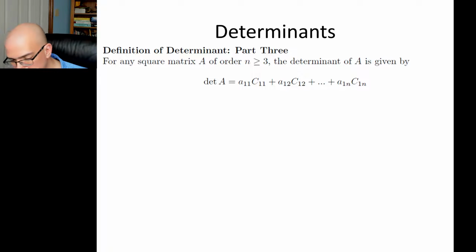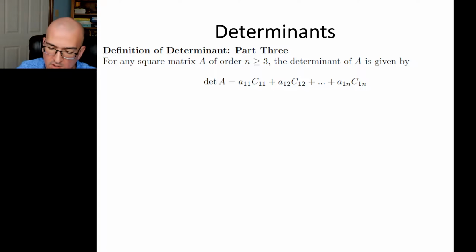Okay, here we go. If you're looking at a square matrix A that's 3 by 3 or larger, so 3 by 3, 4 by 4, 5 by 5, then here's one way you would calculate the determinant. There's one way of an infinite number of ways to calculate the determinant of that matrix.